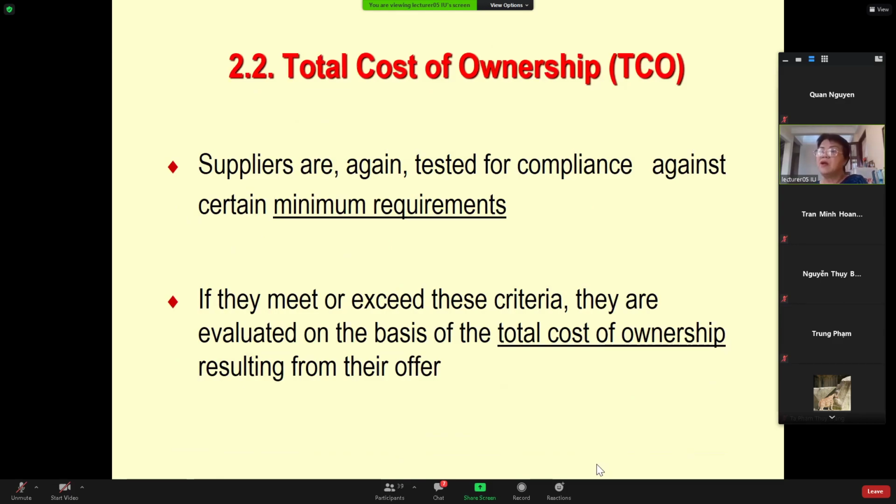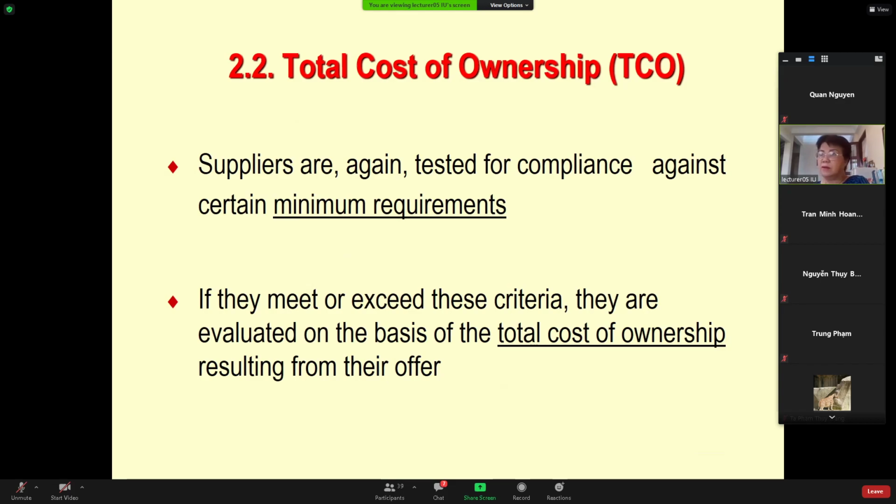But price is not the only factor that we consider when we select, because at the end of the day your company has to pay the total cost of ownership. For total cost of ownership, suppliers are again tested for compliance against certain minimum requirements.